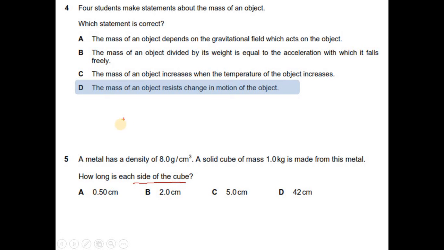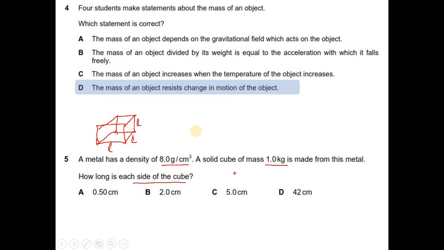If you have a cube like this, and this is length L, this is L, and this is L. Because it is a cube, the length, width and height are all equal, and they are saying the density is 8 gram per centimeter cube and the mass is 1 kilogram.